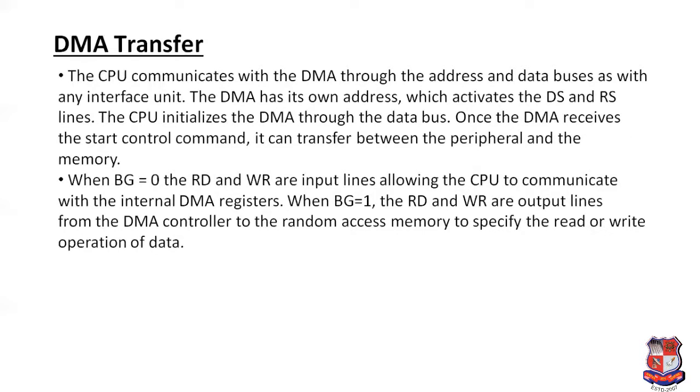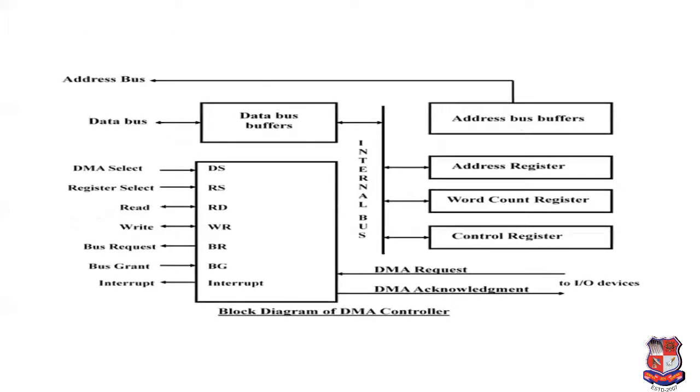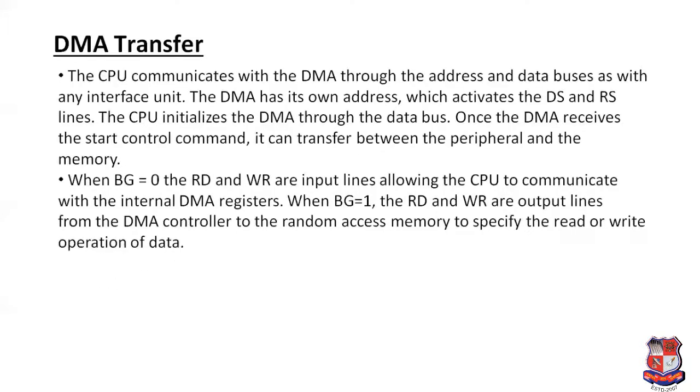Now, what is DMA transfer? The CPU communicates with the DMA through the address and data buses as with any interface unit. The DMA has its own address which activates the DS and RS lines, where DS is the DMA select signal and RS means register select lines.